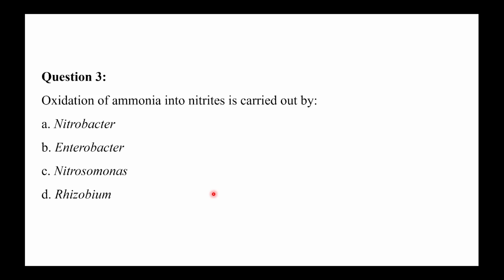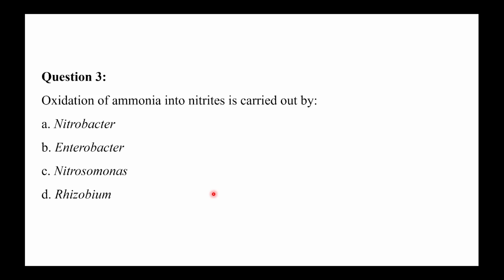We have discussed this in one of the previous sessions, where we were discussing the nitrogen cycle. Since this session is about biogeochemical cycles, we will again discuss that in detail. But the name of the bacteria we had discussed in the previous session, so all of you should be able to answer this.